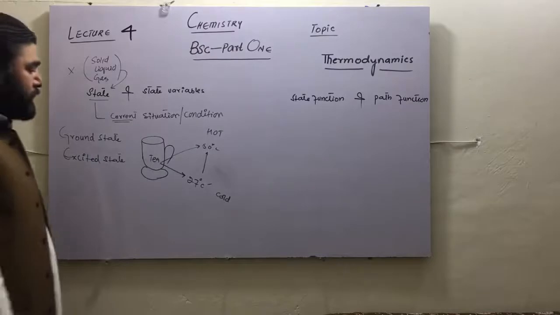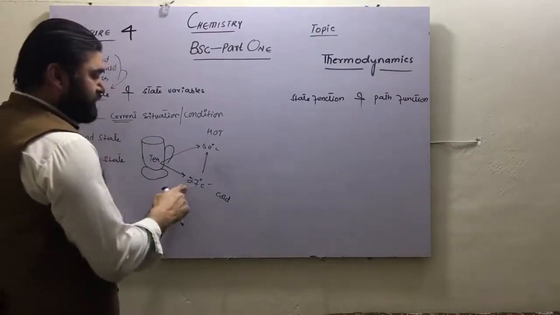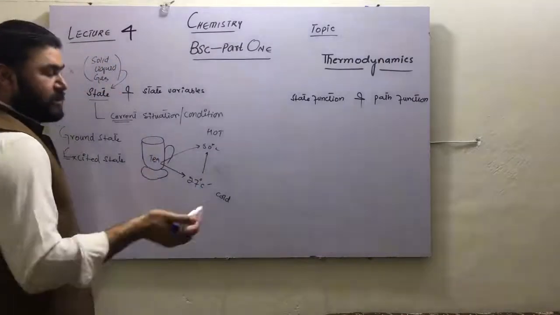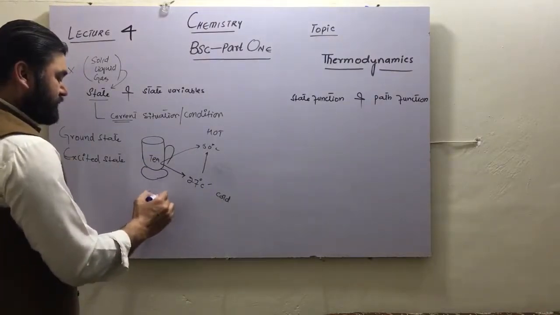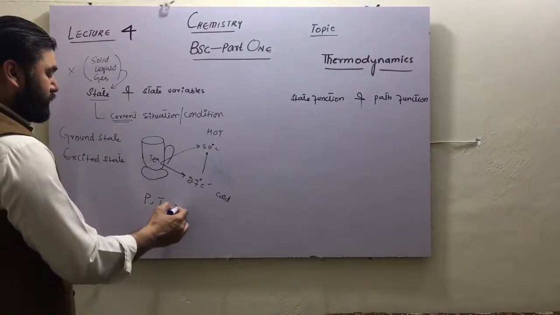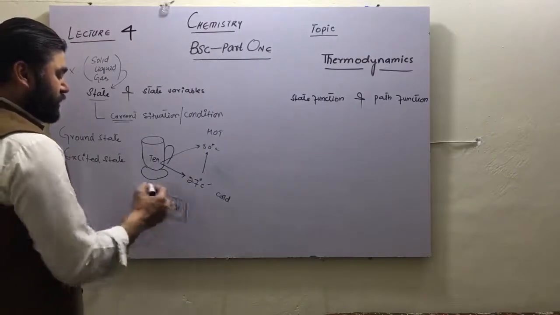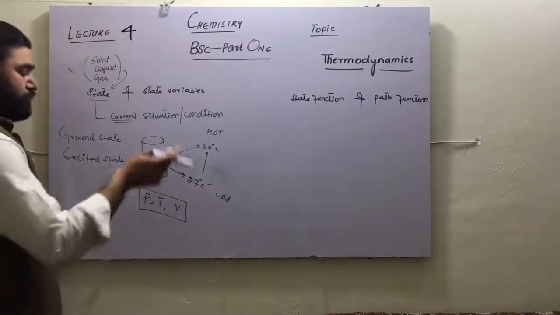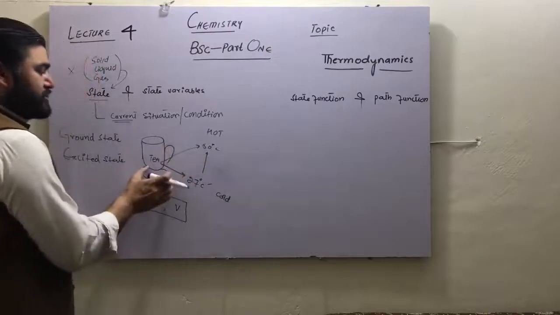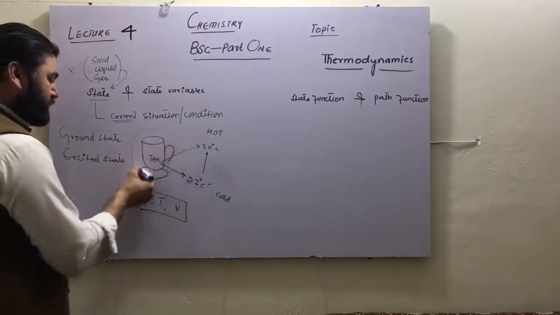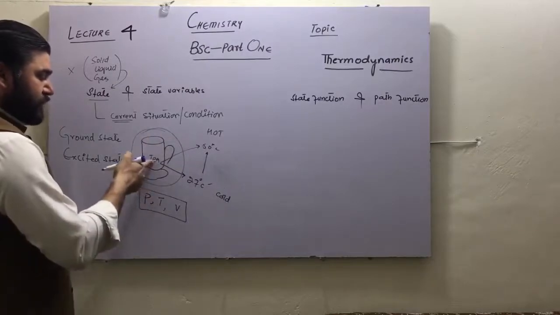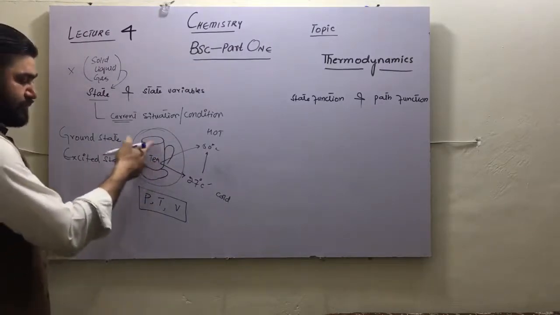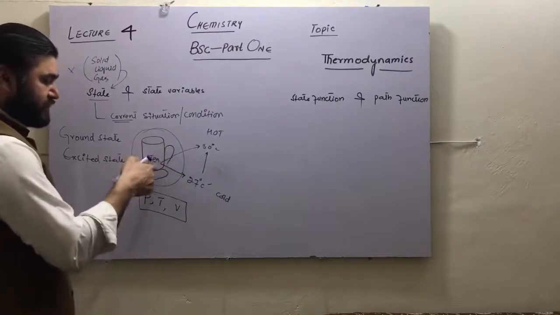Okay. Now, if you want to change this temperature from 27 to 50, we have to bring some changes, for example we have to increase the pressure, or increase or decrease the temperature or volume. These are the things due to which we can bring changes in the current situation of this system. This is a system, because we are studying this situation. Anything which is under observation, a part of which is under investigation, is called a system.